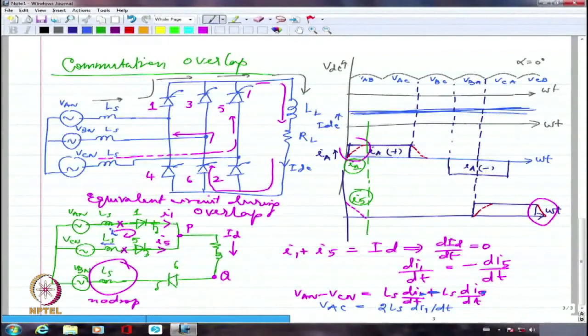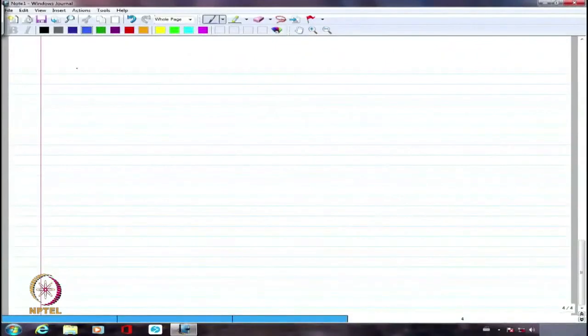This is a very important result which we'll be using repeatedly. So let me write first of all VAC equal to 2LS into di1 by dt.